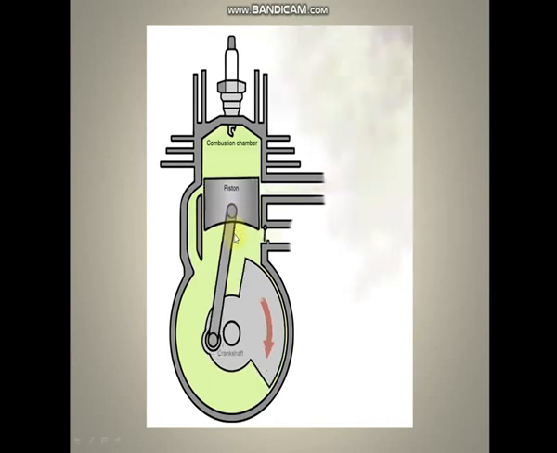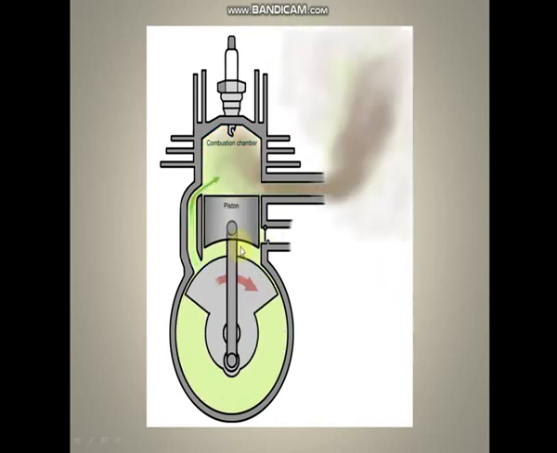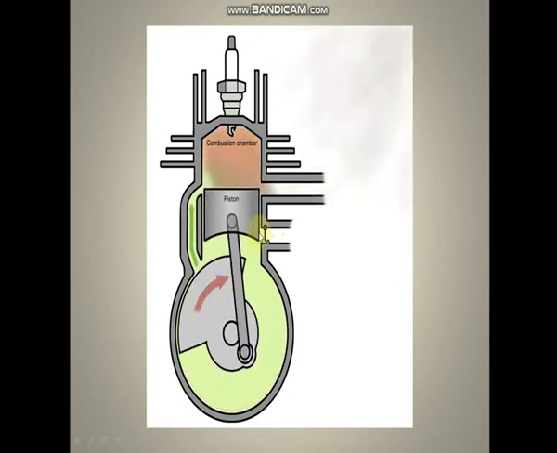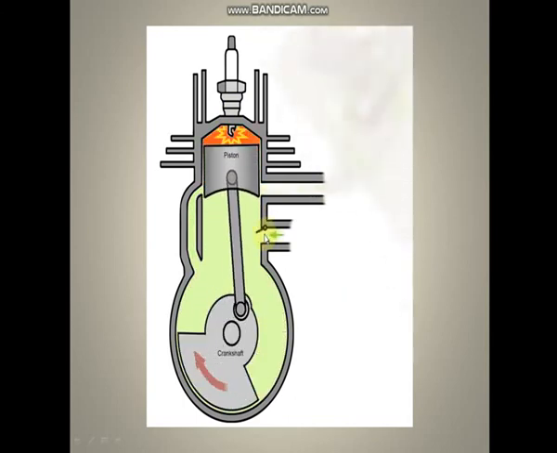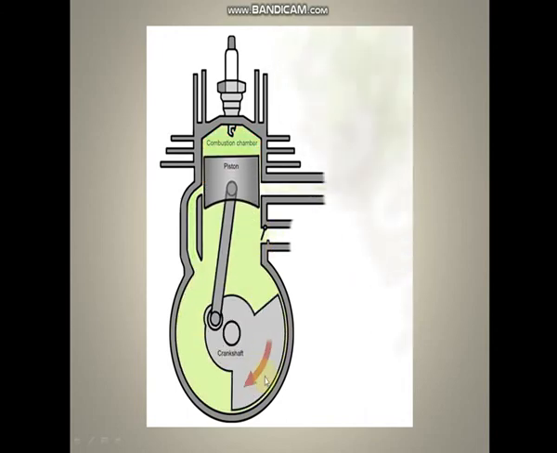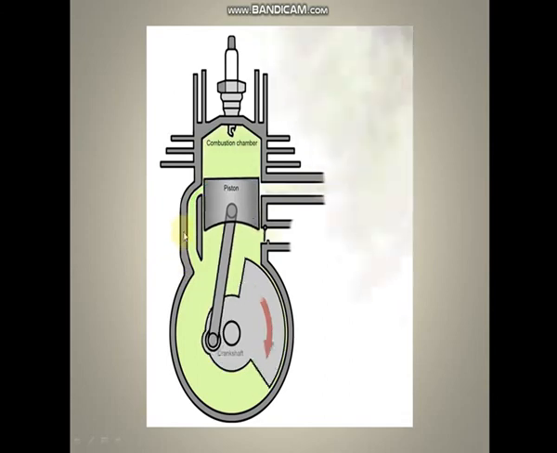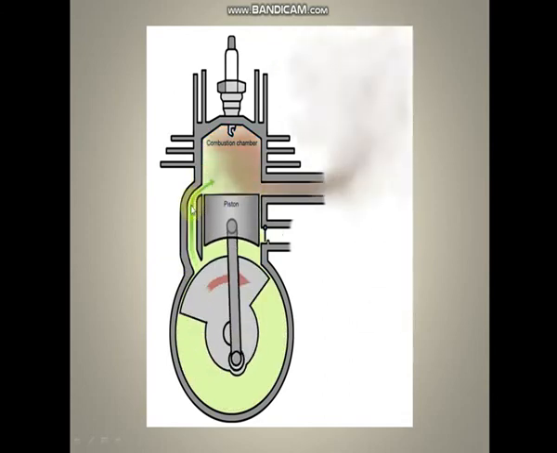When this piston is moving towards the top, that is from BDC to TDC, it uncovers this intake port, and through this intake port the air-fuel mixture will enter and be compressed heavily, and thereafter it will move to the combustion chamber through this transfer port.